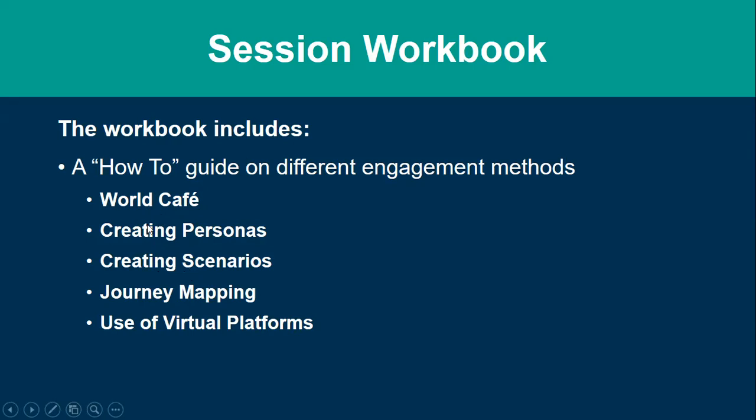It also covers how to do journey mapping, and has a lot of links to different types of virtual platforms, because a lot of this work, as you know, is happening online. So we have links on how to create a Mural board and how to create a Jamboard. Basically the links take you to different YouTube channels and different templates that you could use to start to build those online tools.